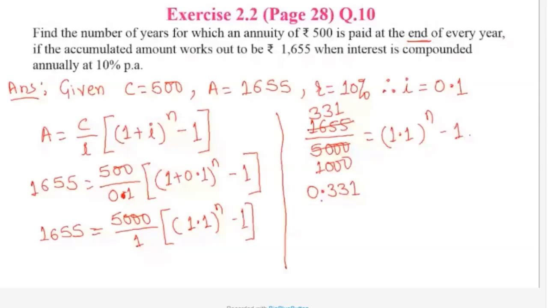I'll reconnect. Hello. Now is it clear? Now 331 divided by 1000 will give you 0.331. That's okay?